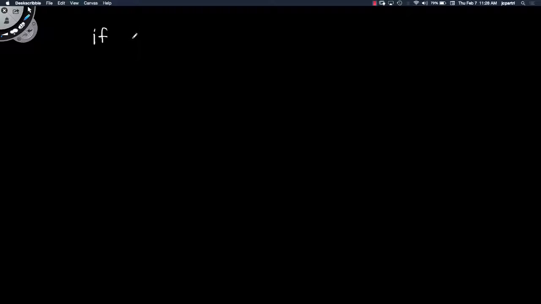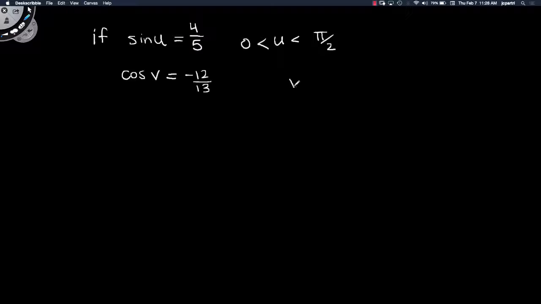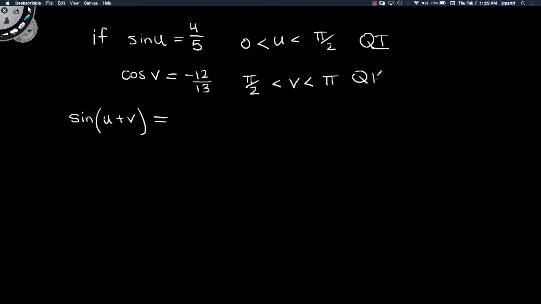If the sine of u is 4/5, where u is in the first quadrant, and the cosine of v is -12/13, where v is in the second quadrant, then can I find the sine of u plus v? So this is quadrant 1, and this is quadrant 2.